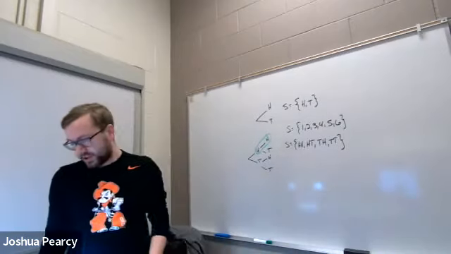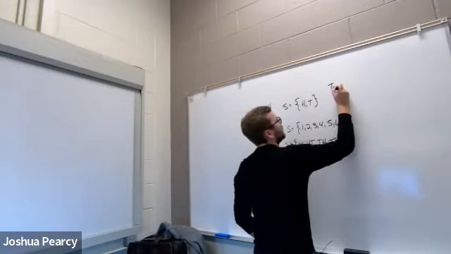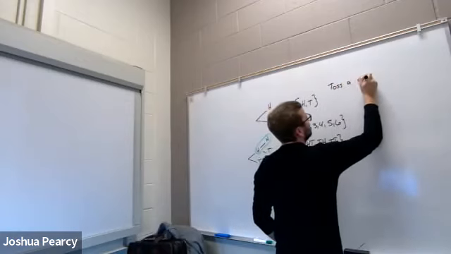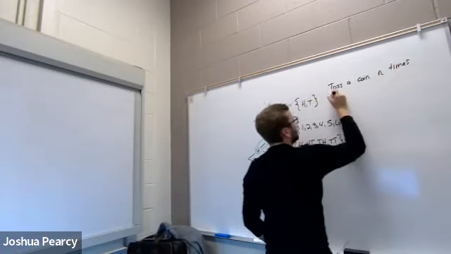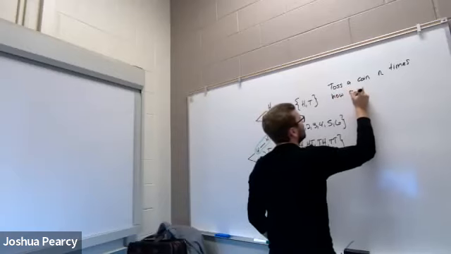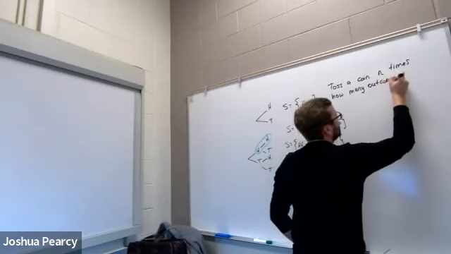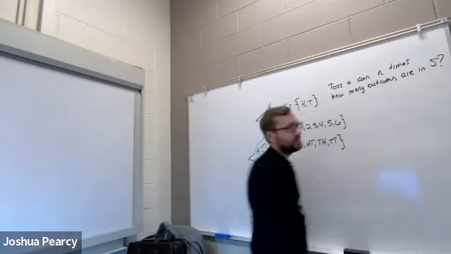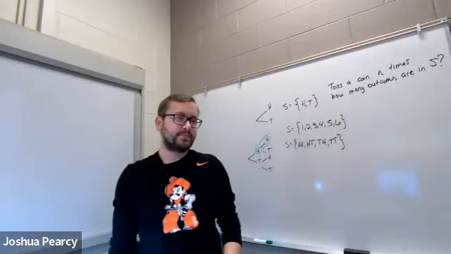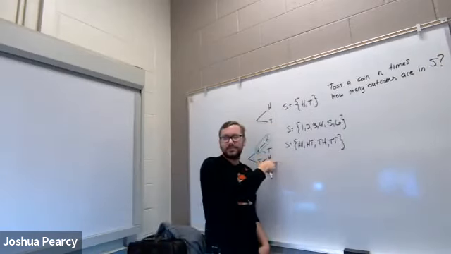I don't know if we'll put this on the exam or not, but if you toss a coin n times, how many outcomes are in the sample space S? If I toss it once, there's 2. If I toss it twice, there's 4. What do you notice between those two?